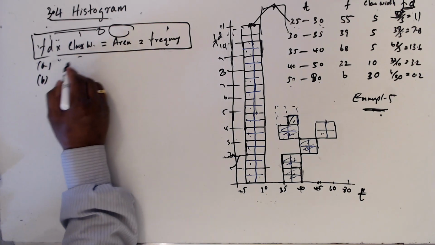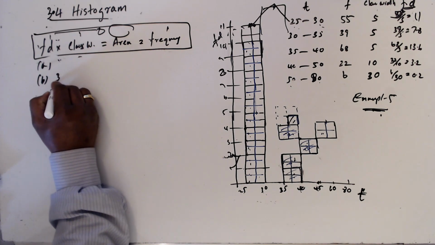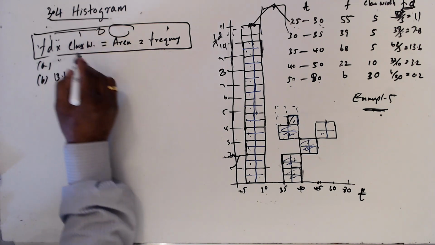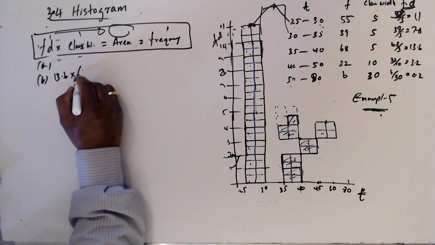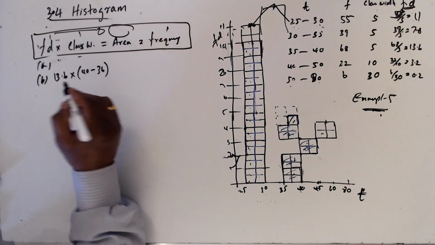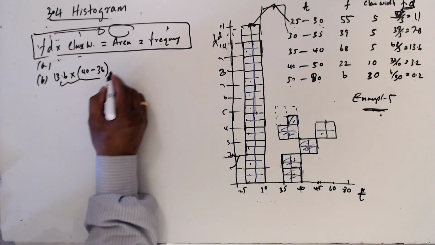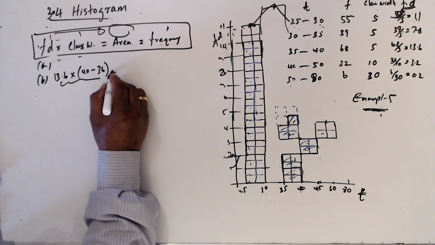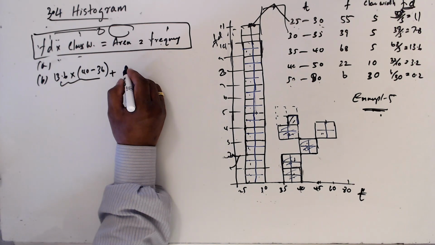The class height, the frequency density, is 13.6, multiplied by the class width, which is 40 minus 36. So we will get that frequency, and then we need to add to this one again. What is the height? The height is 3.2.